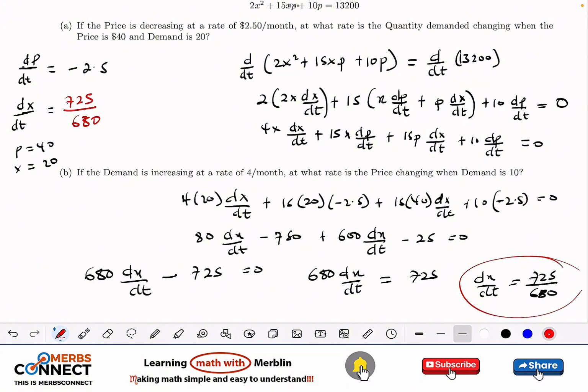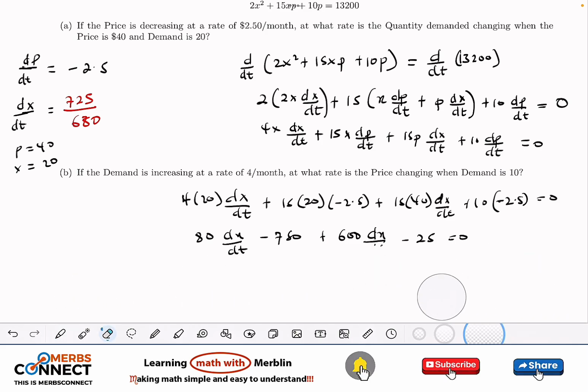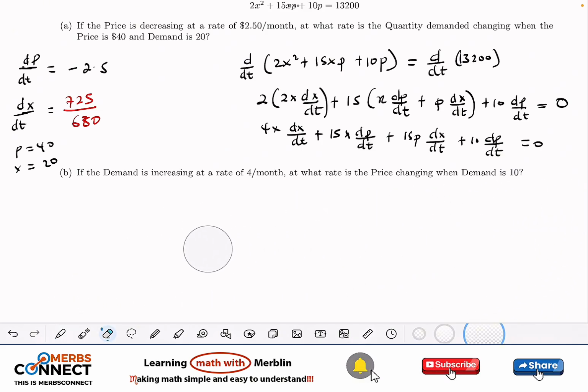Now let's look at the B. What is B? Now with B, if the quantity demanded is increasing, don't forget, with quantity demanded, that is the X. So here, increasing rate.